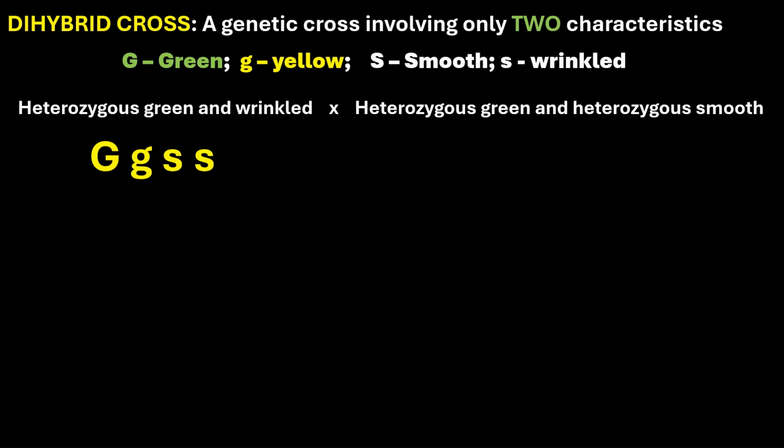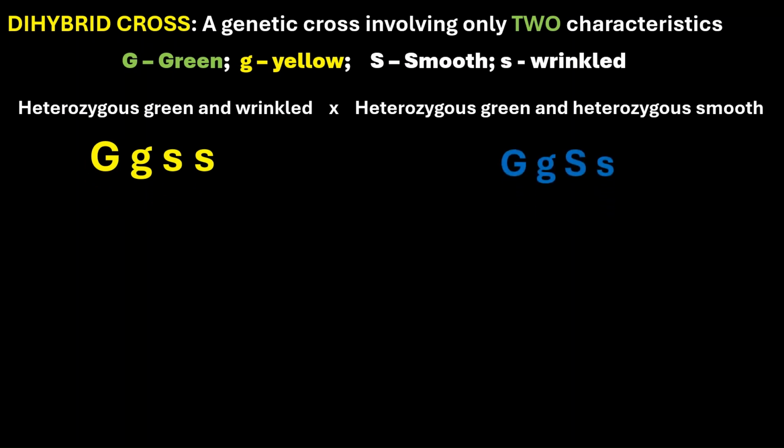That means green is heterozygous. There are two ways of being green: either you are controlled by a homozygous genotype or heterozygous. So over here, we're going to have two genes. One is capital, one is small letter. There's only one way you can become wrinkled. That is when you have two recessive alleles. So guess what?